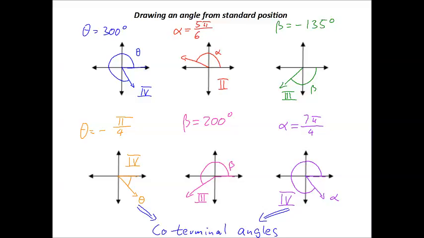Coterminal angles are angles that have the same terminal side. And we will look at coterminal angles some more in the second part of this tutorial. So go ahead now and watch that next.